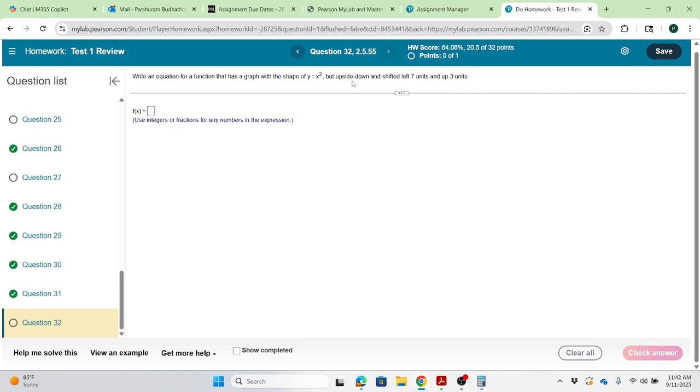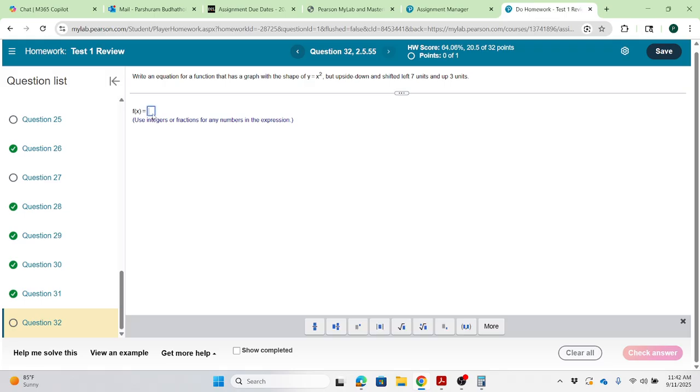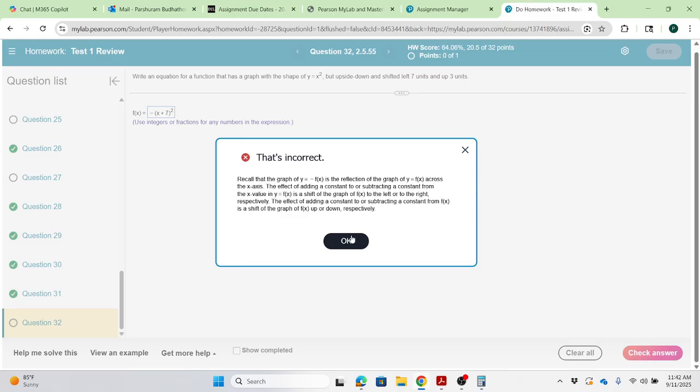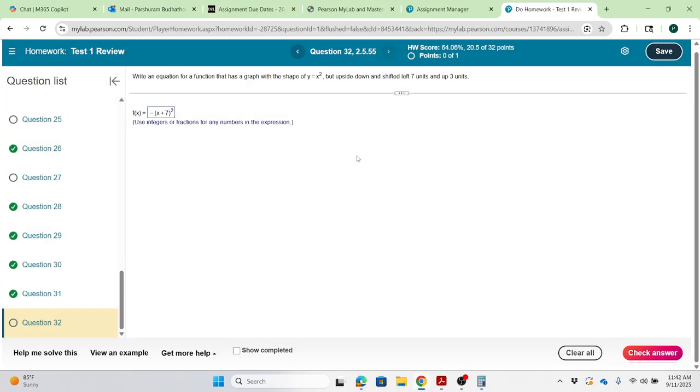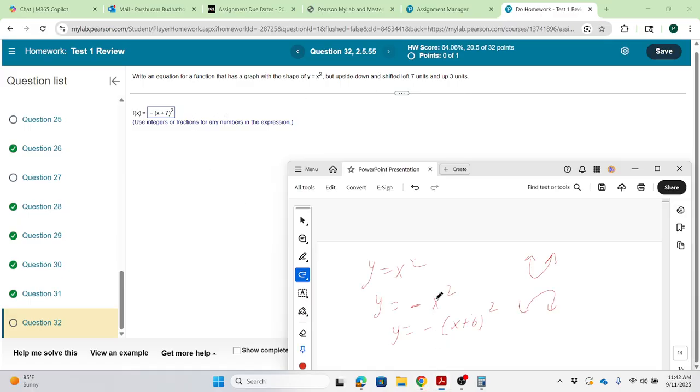What about the next one? Upside down, shifted left. One more time. It's a very similar type of thing, but this time 7. x plus 7. What happened? What did I do? It's upside down and shifted left 7 units and up 3 units. So I forgot about the up 3 units.